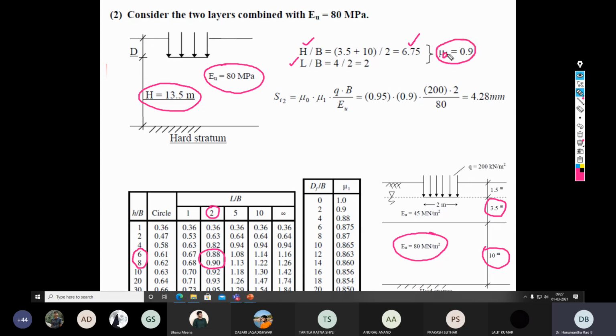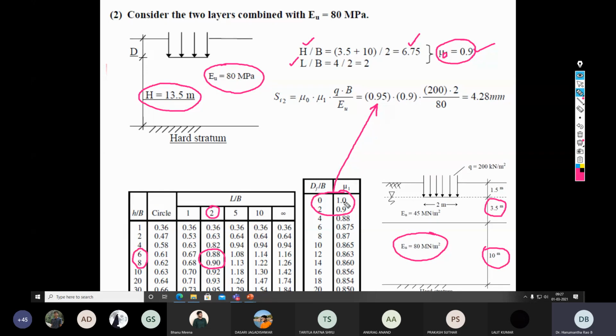Corresponding to 6.75, you can say only 0.88 to 0.9, so you can take it approximately as 0.9 or lesser than that. Then corresponding to Df by B, that is 1.5 divided by 2, you will get approximately a value in the range of 1 to 0.9.